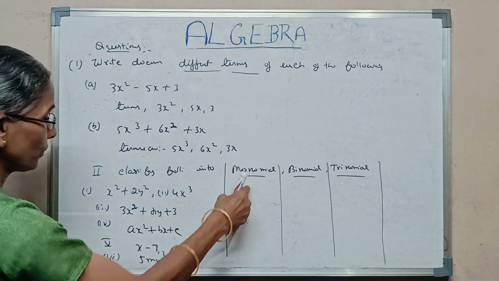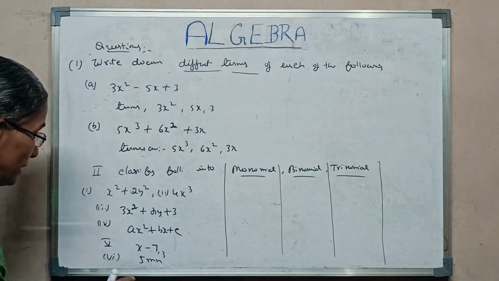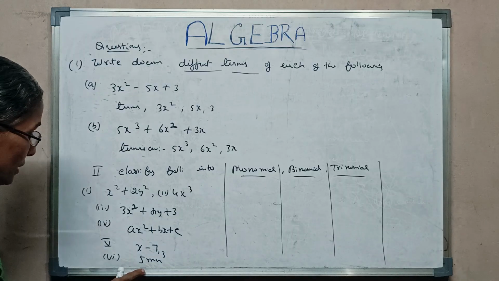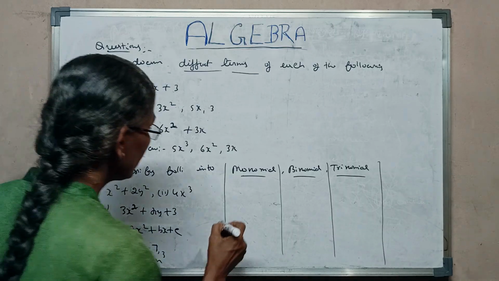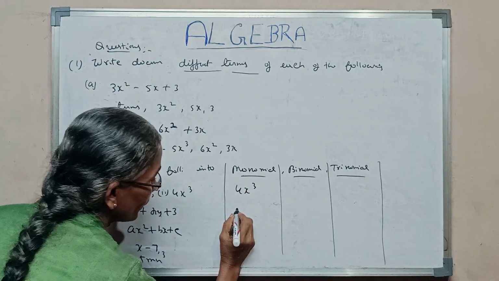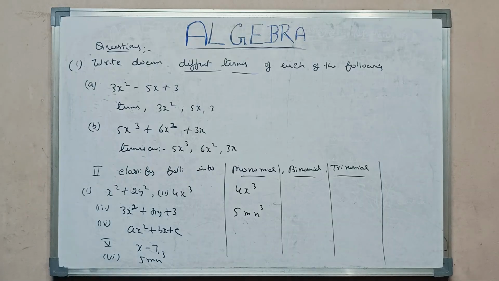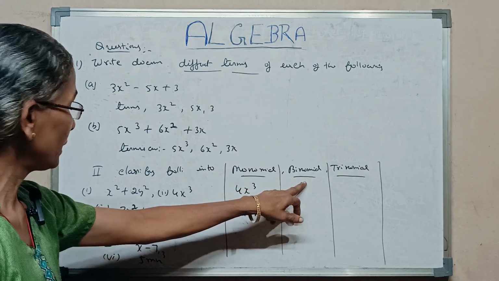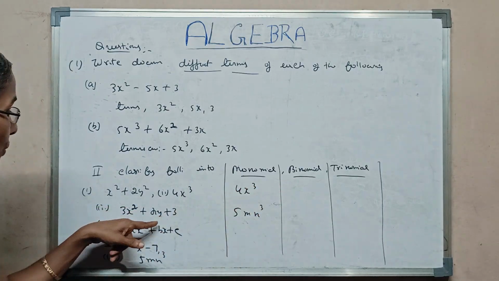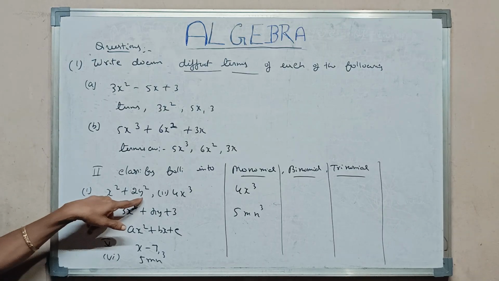So monomial means one term. Here the single terms are in the second question, 4x cube, and the sixth question, 5mn cube. Next, binomial means an expression with two terms. First question is x square plus 2y square.